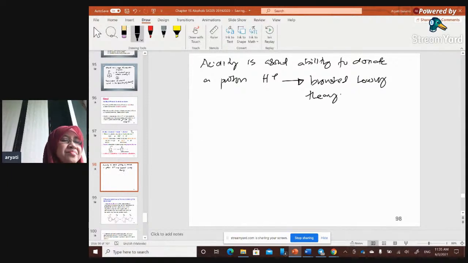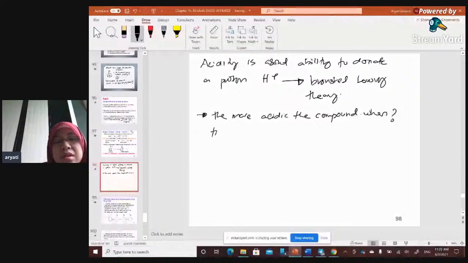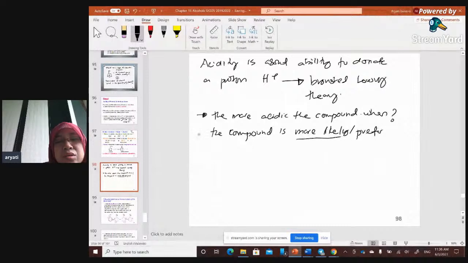Okay. So the more acidic the compound, semakin compound tu semakin berasid when the compound is more likely, ataupun when the compound prefers to donate proton H plus.